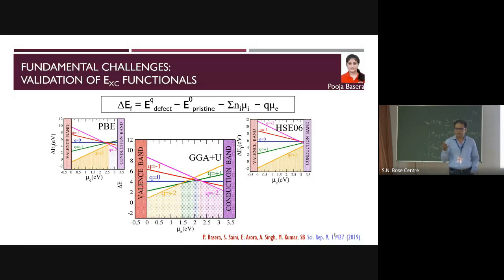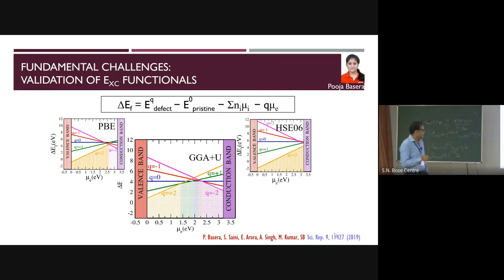I would say you can possibly make things better, but not here. That means this material, and why it is happening, is because it's an oxide system. If you simply calculate the binding energy of the oxygen molecule, you can see that because of the self-interaction error there is a 1 eV discrepancy from the experimental binding energy, and that's why this is definitely going to happen.